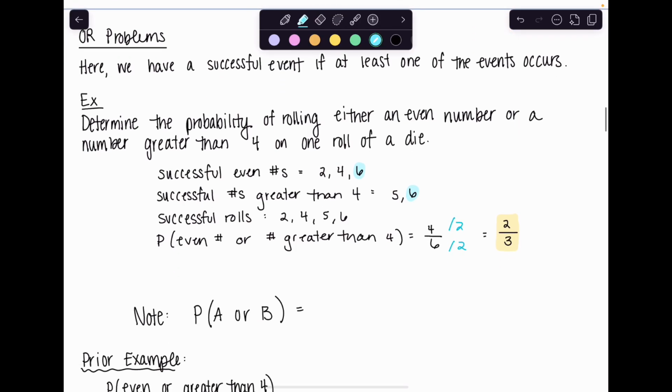So if I want to find the probability of event A or B occurring, you can indeed add the probability of each event together. But what you need to do is subtract that overlap. So that would be the probability of event A and B occurring. Because in this case, 6 occurs for both, okay?